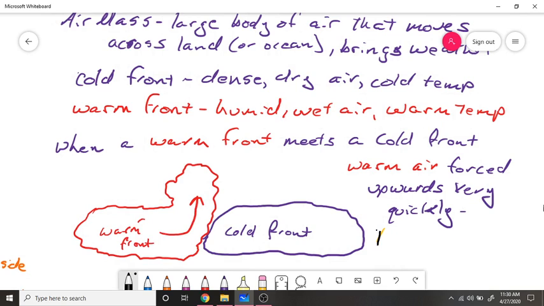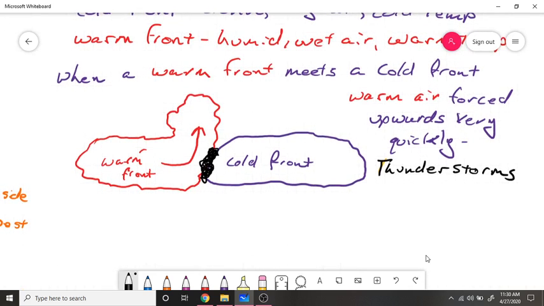So this is how we get our thunderstorms. The warm air right on the boundary causes a bunch of water to come out of the air at the cold front and makes a line of thunderstorms.